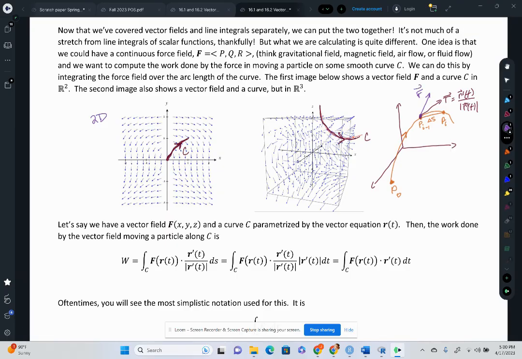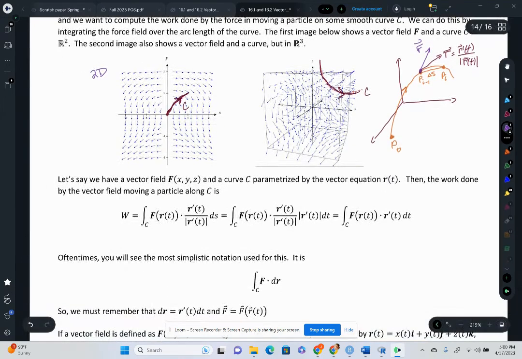Okay, so if we build our work integral without using Riemann sums or anything, we have to look at it as we've got our force vector evaluated at our parametrization of the curve.